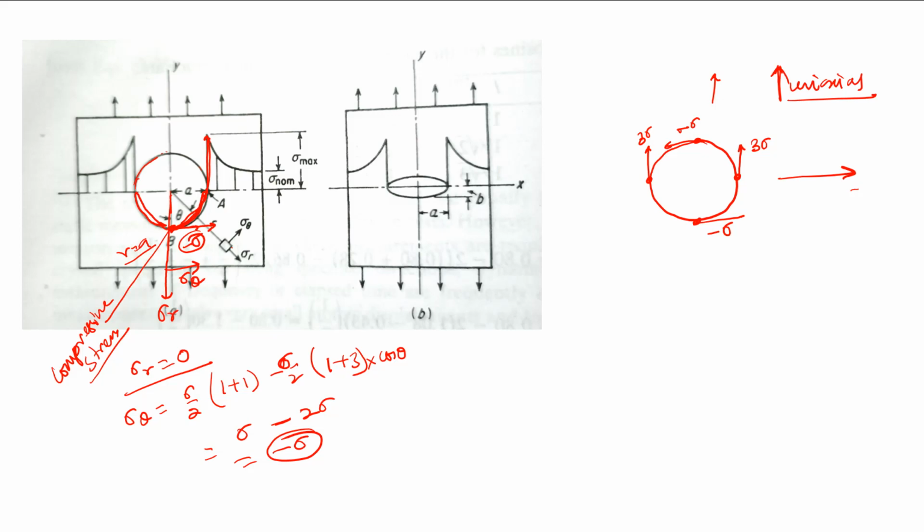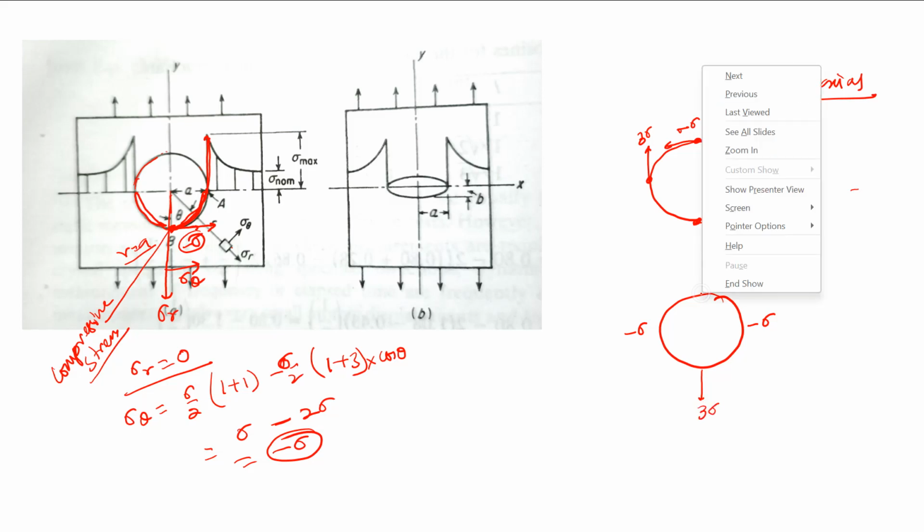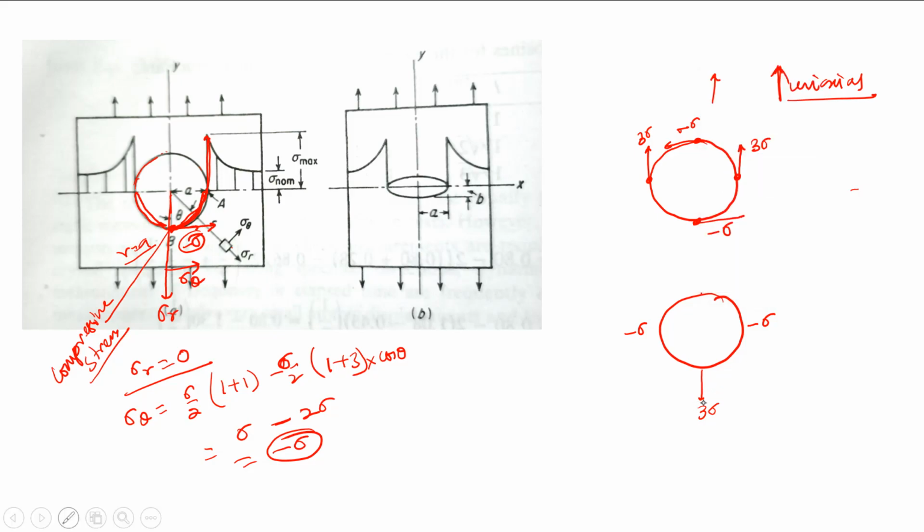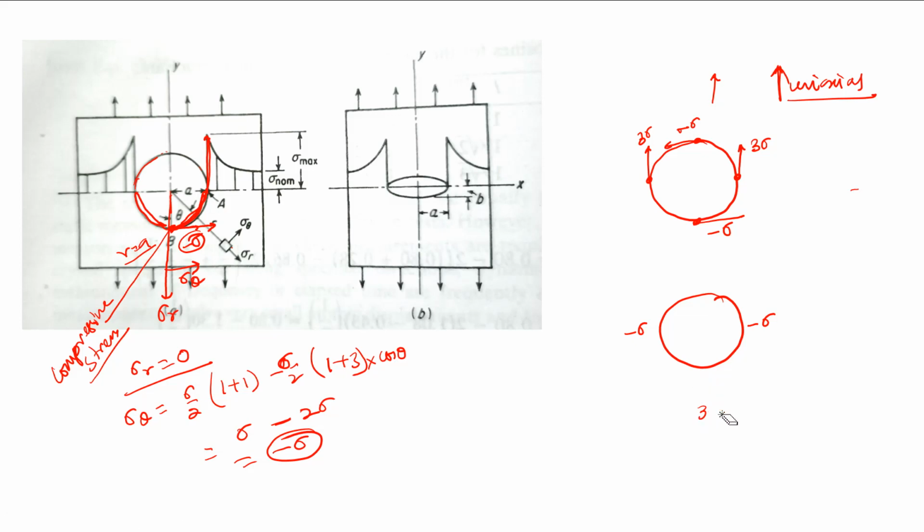What will be the sketch? Here it will be minus sigma, then here minus sigma, and here it will be 3 sigma, and here 3 sigma, like this.